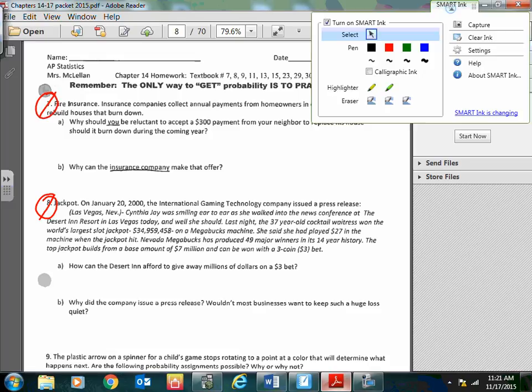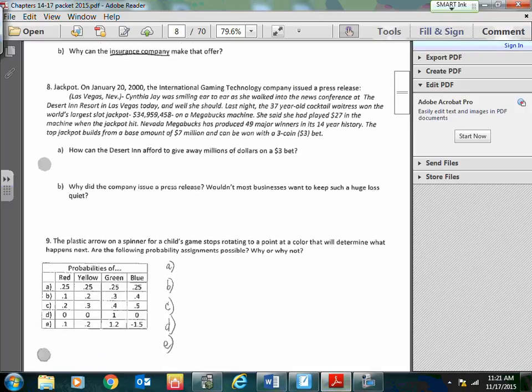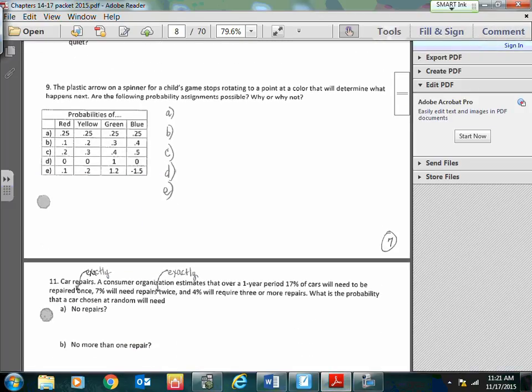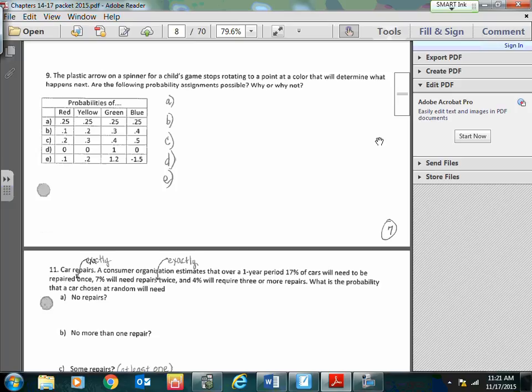But let's take a look at number 9. I just wanted to explain to you that this is actually not a multiple choice option. It's 5 different scenarios. So it says, a plastic arrow on a spinner for a child's game stops rotating to point at a color that will determine what happens next.